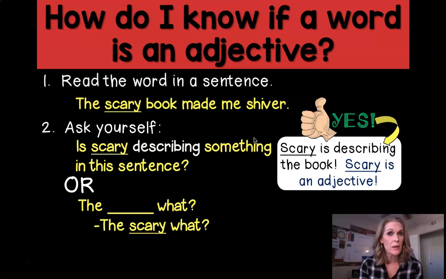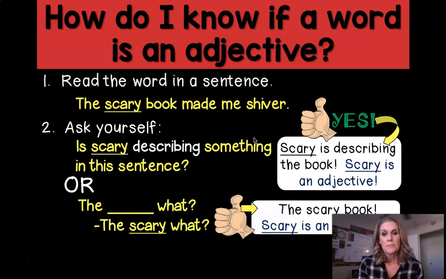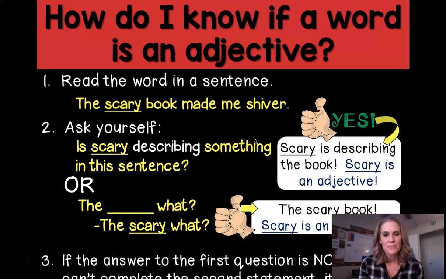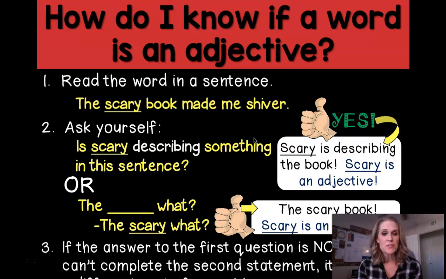The scary what? The scary book. Scary is an adjective. Remember, adjectives are words we use to describe nouns, like pretty, tall, hairy. Those are adjectives. If the answer to the first question is no and you can't complete the second statement, it has to be a different part of speech. Adjectives describe nouns.